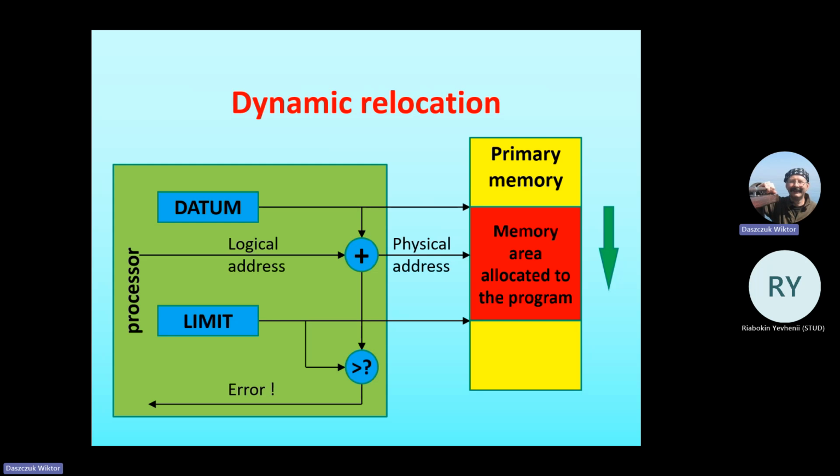Datum is added to every address generated by the processor. So we have a virtual zero of the program somewhere in memory, defined by datum. And if we use the address cell n, in fact, we use n plus datum that is somewhere in memory of the program.